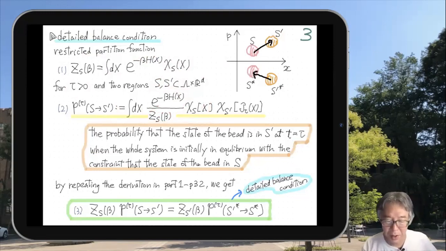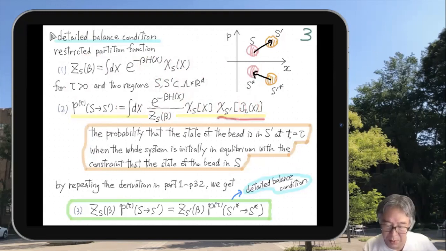So everything obeys the canonical distribution, but with a restriction that the phase space point of the bead is in S. And now here we have another characteristic function, where this is a time evolution operator. If the initial state is X, then at time tau, this describes the phase space point of everything.